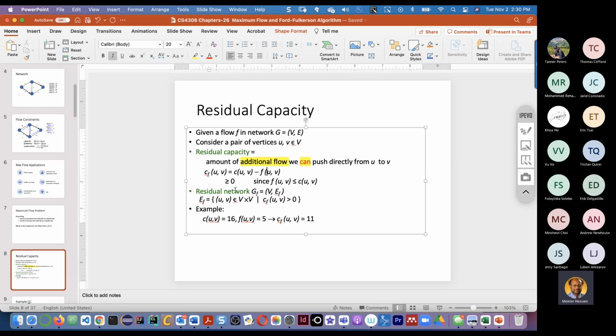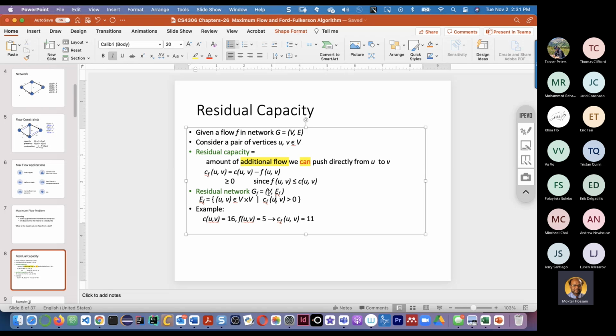And the residual network is called G of F. Residual network is V, the set of vertices, comma E of F. E of F means the edges that participate in residual capacity, in residual flow.